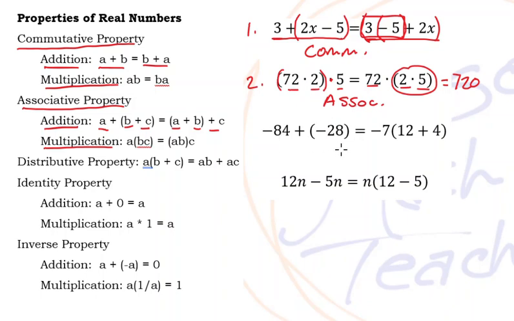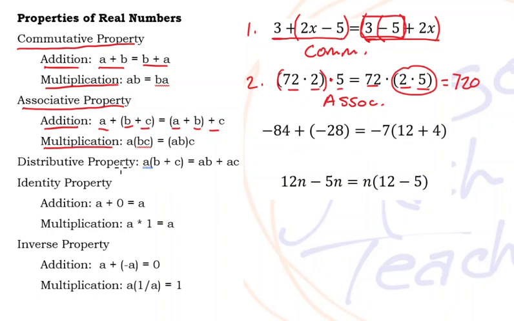Okay, let's look at the third one here. And I've written this out backwards. I hope this doesn't fool you. Negative 84 plus negative 28 equals negative 7 times the quantity 12 plus 4. This one is probably the most useful, most often used property of them all.